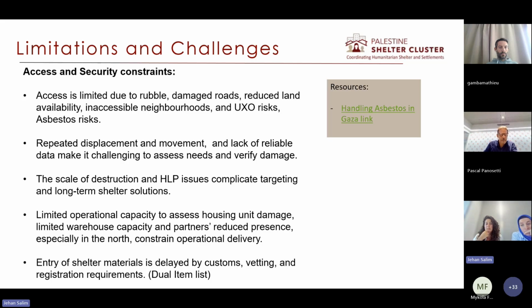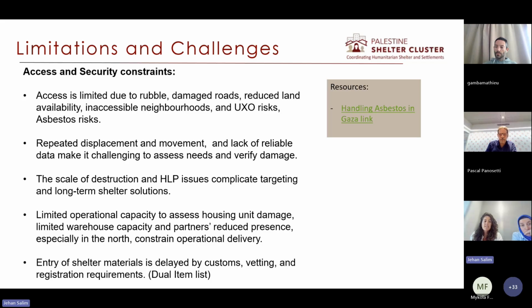On top of that, there are also the HLP issues that really complicate targeting and long-term solutions. Gaza is mainly high-rise buildings with a minimum of 2 to 3, 4 floors. So if a building is completely destroyed, you have several owners on that specific plot, which makes it complicated.